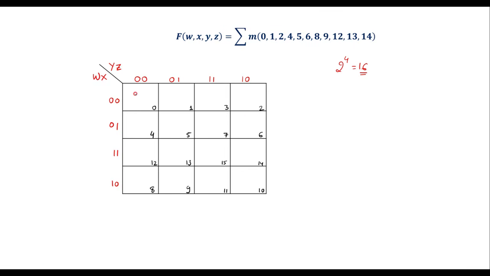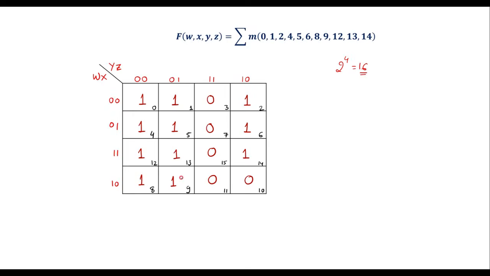In cell number 0 we should write 1, in cell number 1 it is 1, in cell number 2 it is 1, then 4, 5, 6, 8, 9, 12, 13, 14. In all remaining cells we should enter 0.